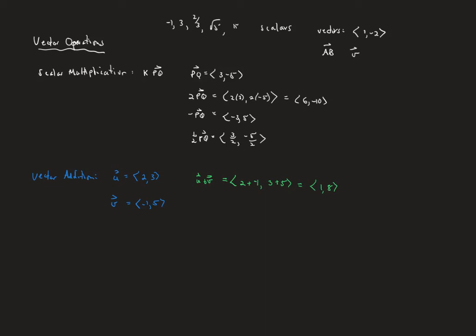And likewise, we can create a vector, say u minus v, by subtracting their components. So we would take then 2 minus the -1, 3 minus the 5. And so the vector u minus v would be 3, -2.